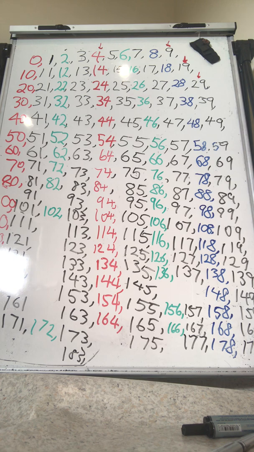So 1 is a 6, and 2 is a 12, and 3 is an 18, and another 6, and then another 6.